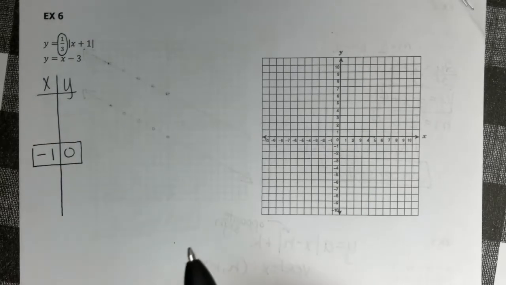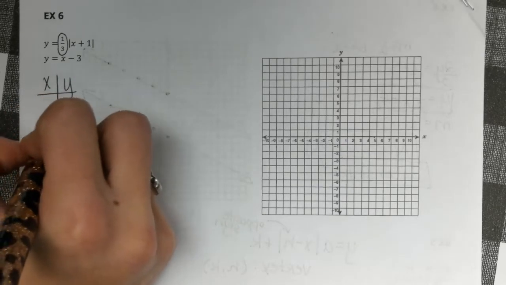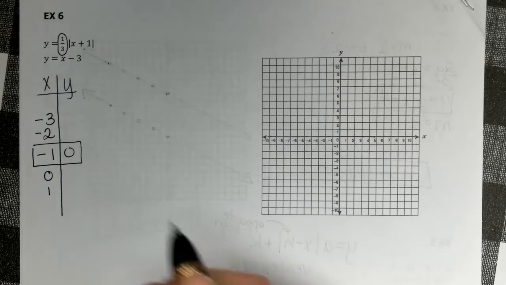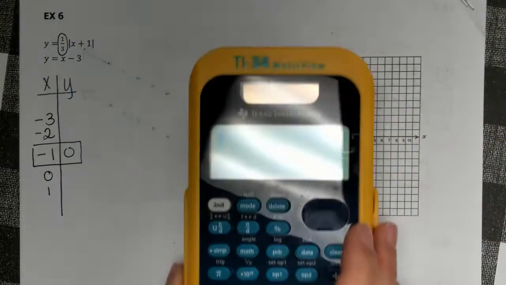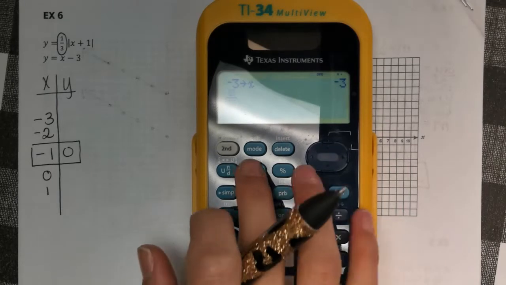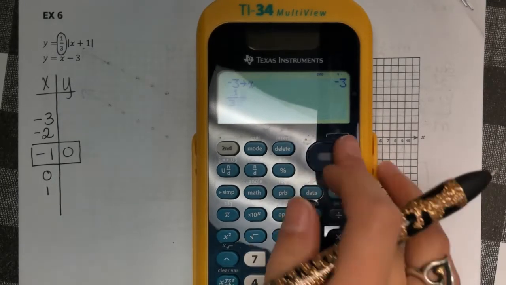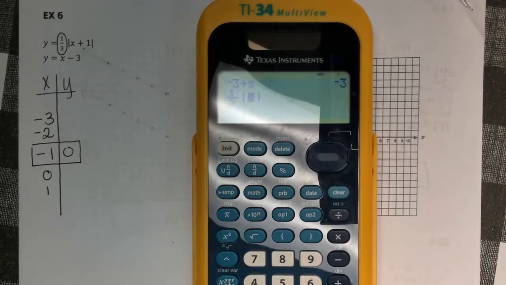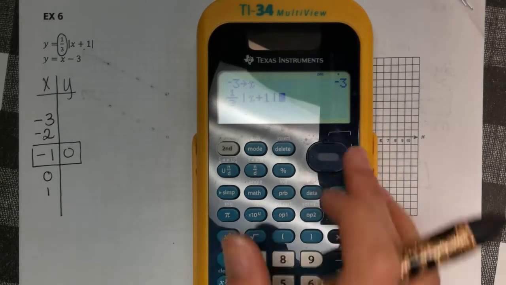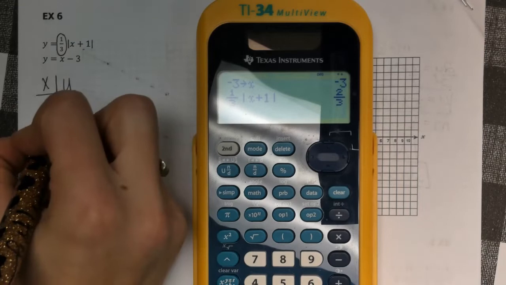So if I were to just do 2 above and 2 below, okay, if I were to do -2 and -3 and 0 and 1, when I plug those in, I'm going to get fractions in my calculator. So if I were to take -3 store for x and type in my 1/3 times the absolute value of x plus 1, it gives me 2/3.